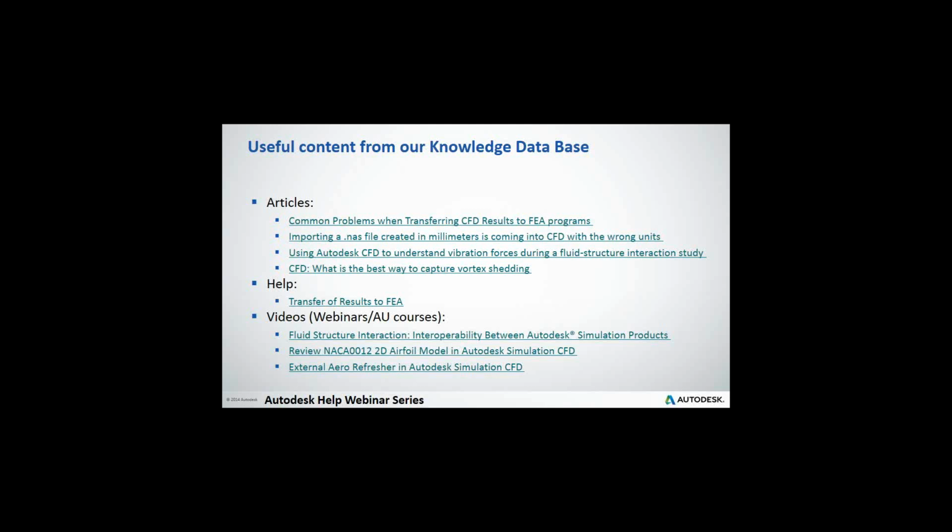Regarding the articles, you can find articles treating how to solve common problems that you may have while transferring CFD results into FEA programs, or when you are importing a Nastran file, for example, and you're facing some unit problem. So here's some solutions on how to solve this. And then here I have shared some links of some common models of fluid structure interaction, for example, the vortex shedding models.